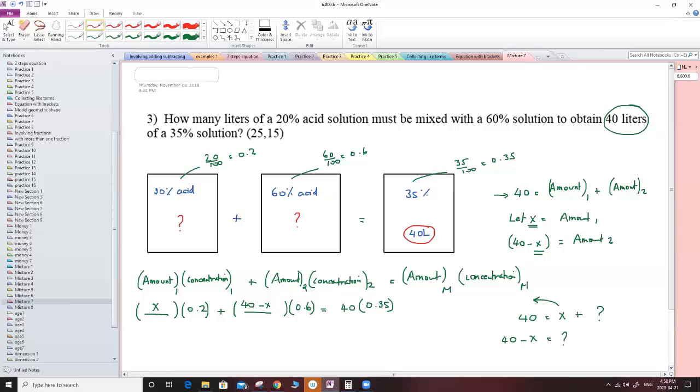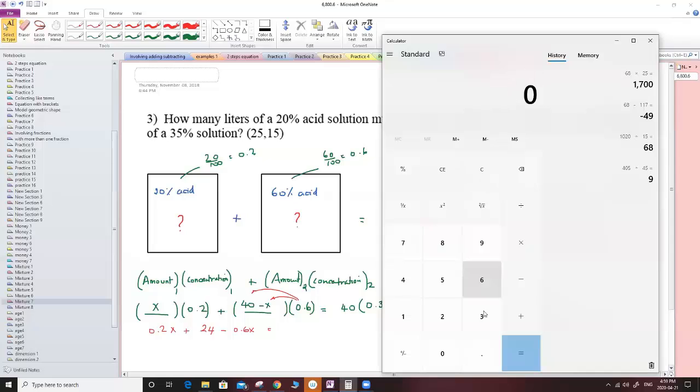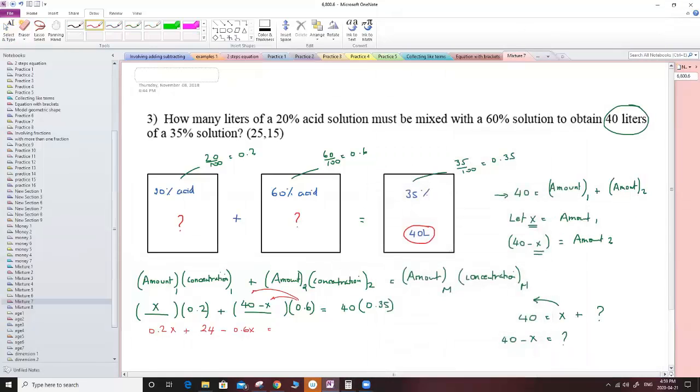So it's going to be 0.2x plus, I have to use the distributive property. The 0.6 I have to multiply by both. So 0.6 times 40, I can get the 10 here to make it 6 times 4 equals 24, minus 0.6x, equals 0.35 times 40. 0.35 times 40 equals 14.